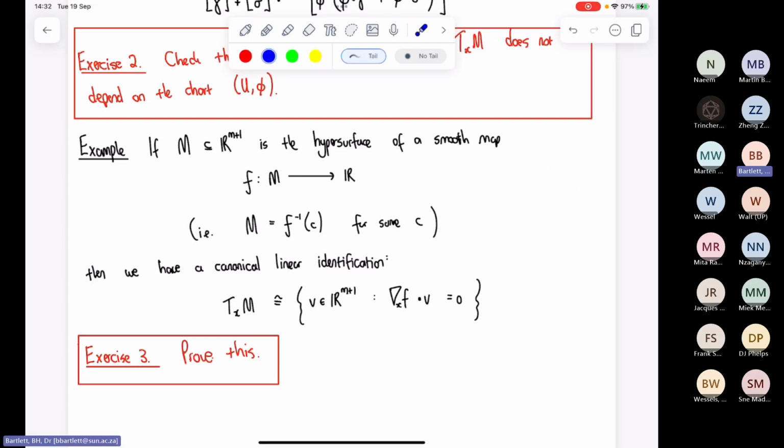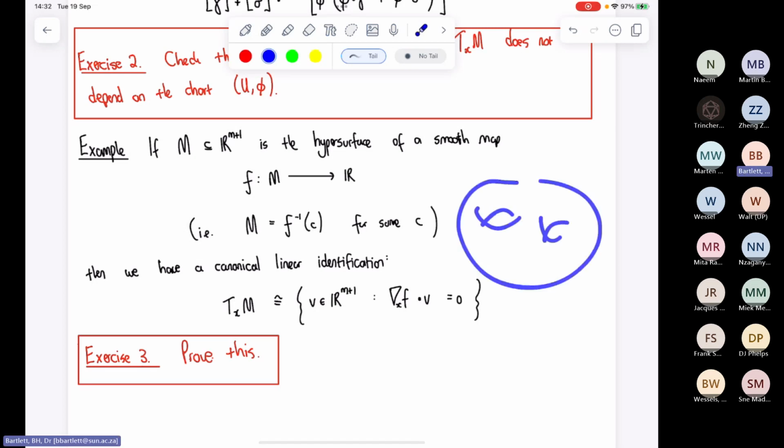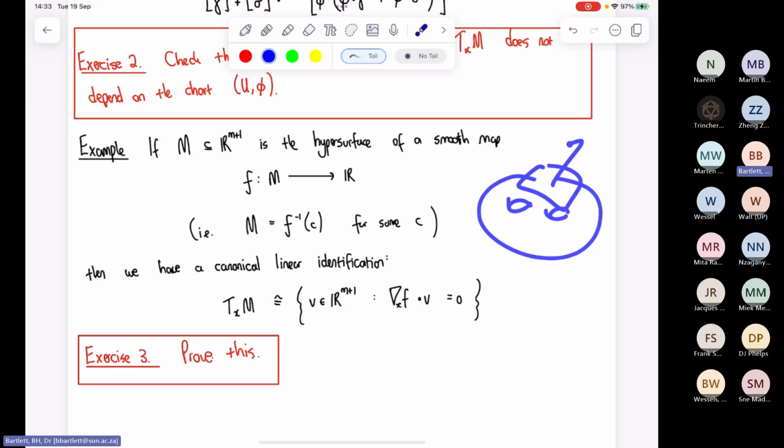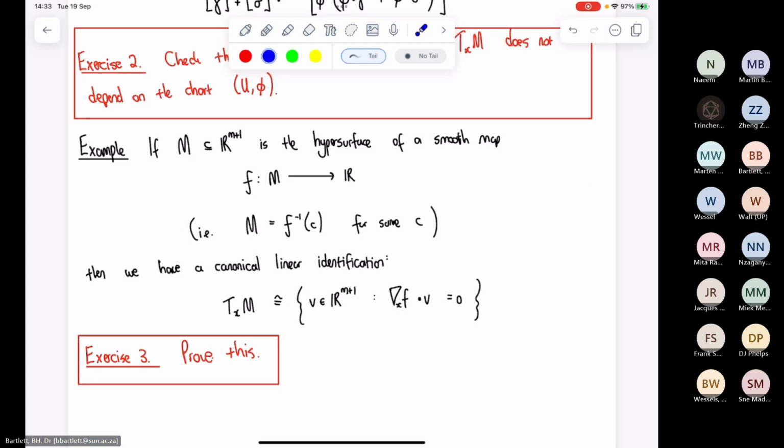I've given you a definition of the tangent space, and it's an exercise to go and check that according to that definition, it actually identifies with the orthogonal space to the gradient vector. Okay, which makes sense, right? If you think of the manifold, I have a point of the manifold, then here's the gradient vector to the manifold, and so it makes sense that the tangent space would be orthogonal to that.